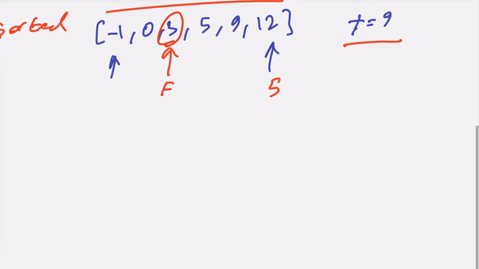The middle one between the first pointer and the last pointer is going to be 9, and this is our middle one. Now we check whether our middle element is equal to 9, our target. Yes, it is. So we just return the m index.